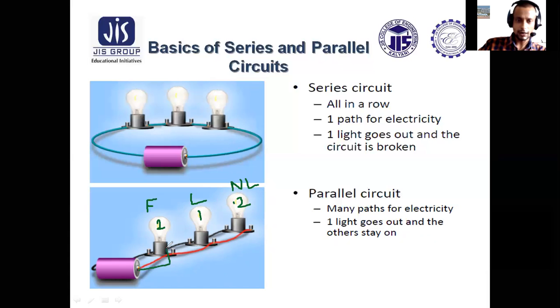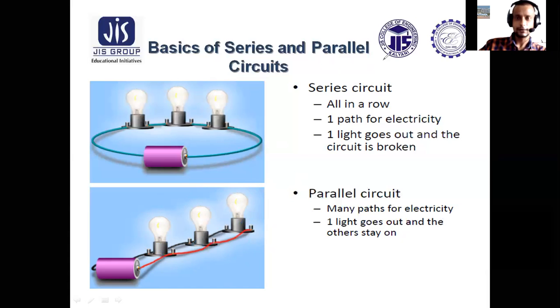The fridge will draw current accordingly. The fridge will draw 2 ampere of current, but the lamp will draw 1 ampere current as it requires, and the night lamp will draw a different amount of current. So as the path is different, the current through this, this, and this will all be different.